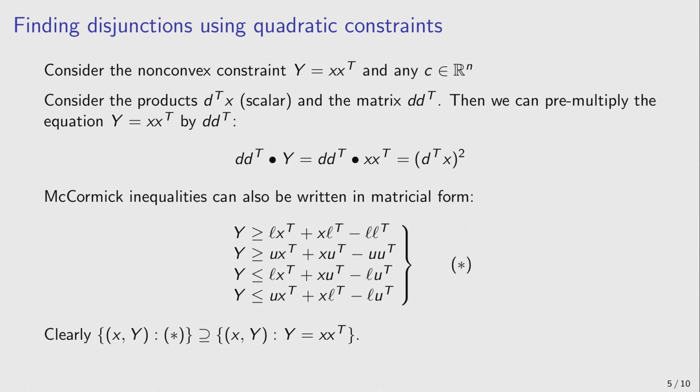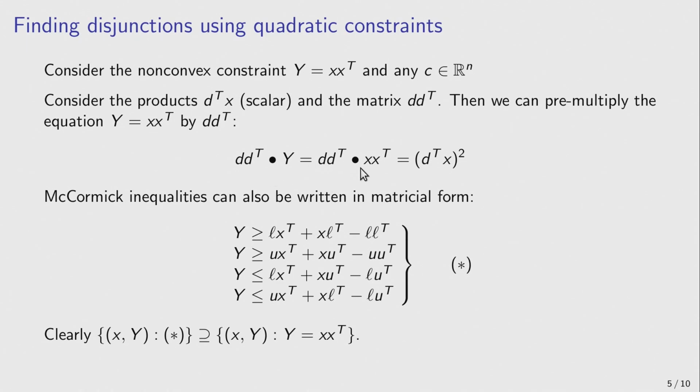So now take the same product, column vector times row vector of D, multiplied element-wise by Y. And if Y is supposed to be equal to X times X transpose, then by pre-multiplying both members of the equation by D times D transposed, what you get is this equation here. So these two, that's just pre-multiplying two members of the equation.